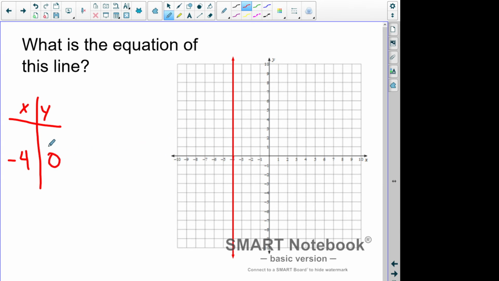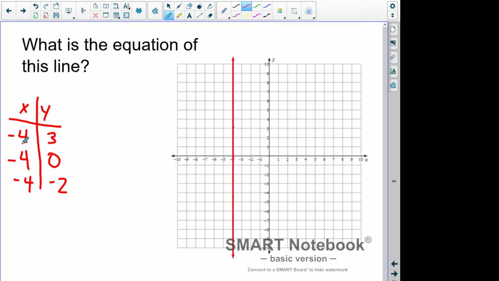And when x is negative 4, y is also 3, negative 4, negative 2. I can see in this equation all my x values are negative 4. X can't be anything other than negative 4. And it doesn't matter what my y value is. My y value can be whatever, but my x value will never change.